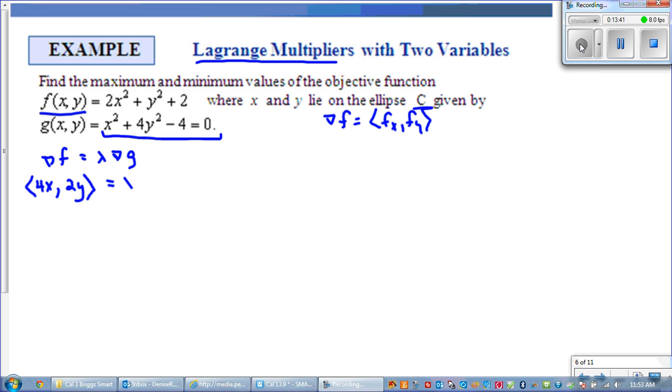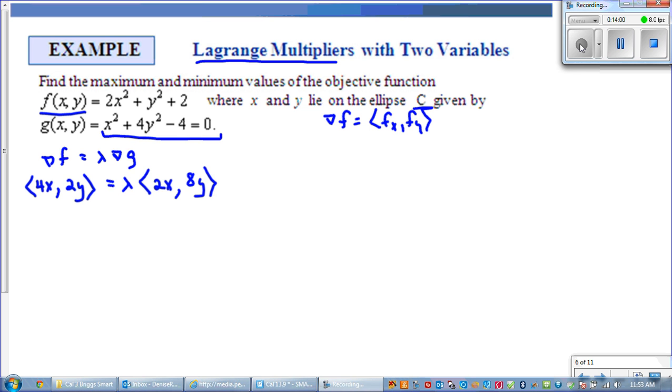And we want that to be equal to lambda times, now look at g, you want it equal to 0, so the constraint is in that form, and now find the gradient of g, the partial with respect to x, and the partial with respect to y.